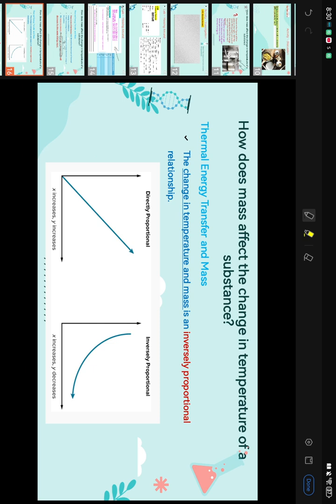Here we can see this figure for directly proportional and the other one is inversely proportional. Directly proportional means if one increases, the other one will increase, but inversely, if one increases, the other one will decrease, like change in temperature and mass.